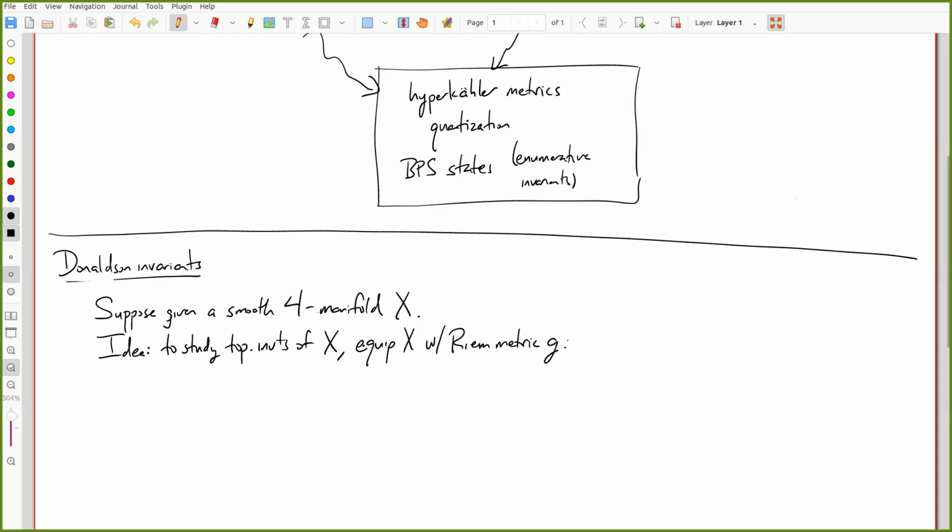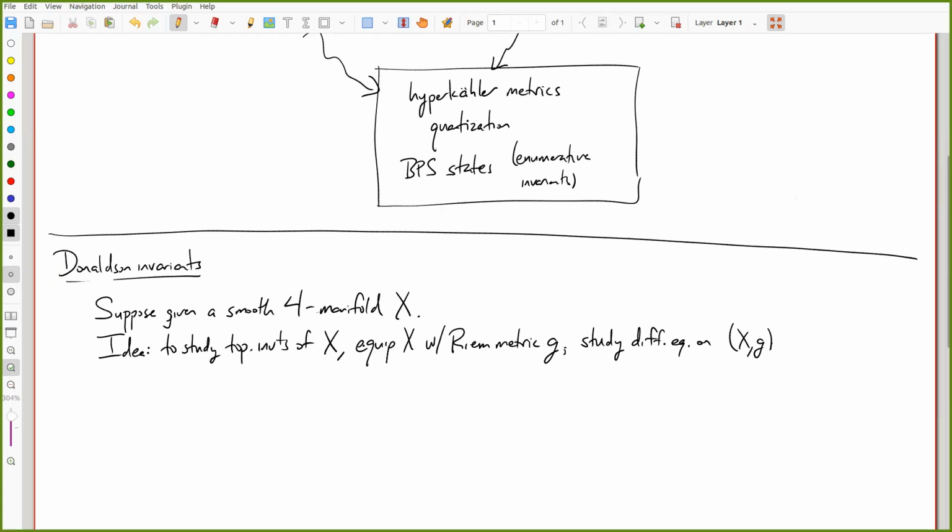And then having done that, you could formulate all kinds of things, but in particular, you could formulate differential equations on the manifold that use the metric. So you could study differential equations on X that use g. So differential equations that canonically live on this Riemannian manifold (X, g).